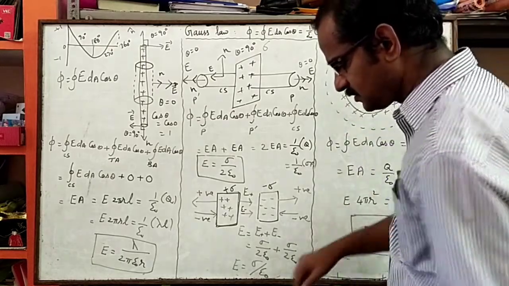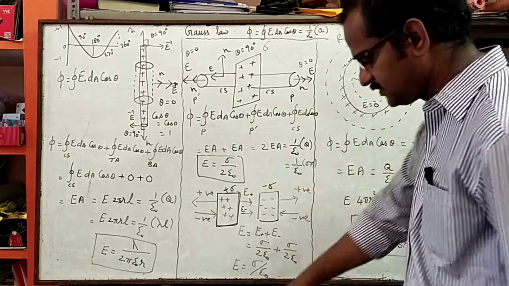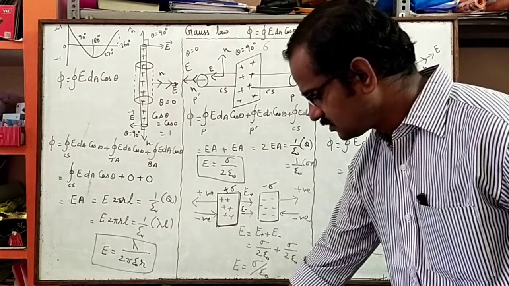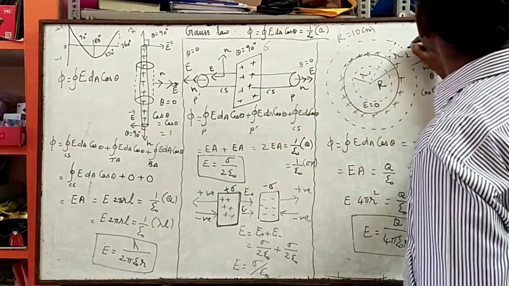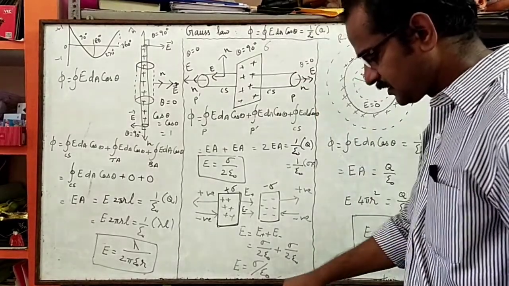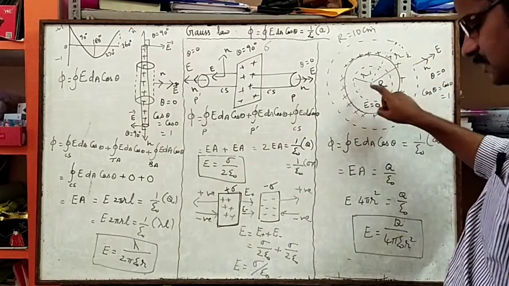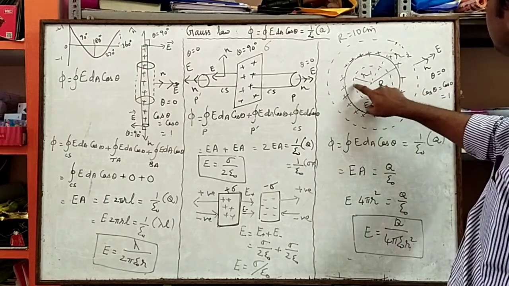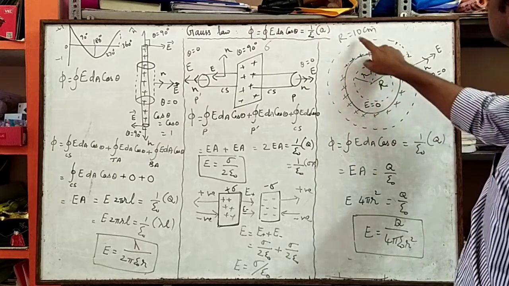R2 is equal to 10 centimeter, the radius of the metallic sphere.